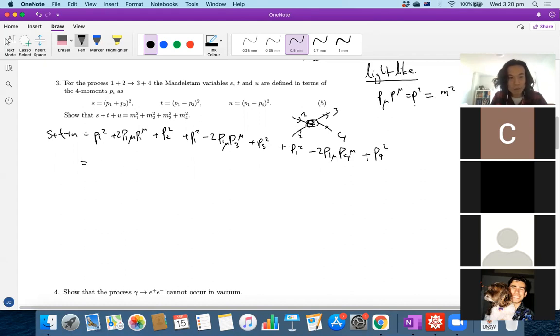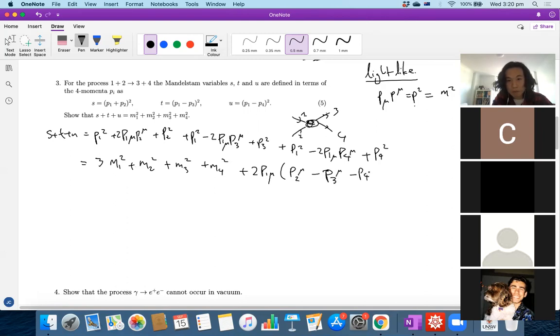That's 1 P1 squared, 2 P1 squared, 3 P1 squared, so 3 times m1 squared, and then 1 for each of the others, plus m2 squared, plus m3 squared, plus m4 squared. And we just have to deal with all these other inner products. I can factor out P1 mu, so I get P2 mu minus P3 mu minus P4 mu.